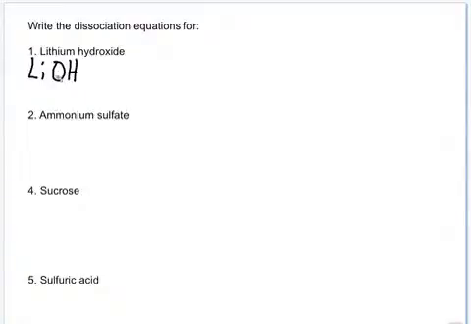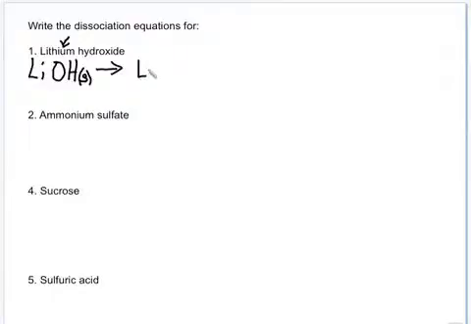Now, the second thing to do is identify, is this an ionic compound or a molecular compound? Well, if the first element is an ion, or a polyatomic ion, or metal, it's an ionic compound. So what ionic compounds do is, if you were to take some solid lithium hydroxide and put it into water, it's going to break into its ions.